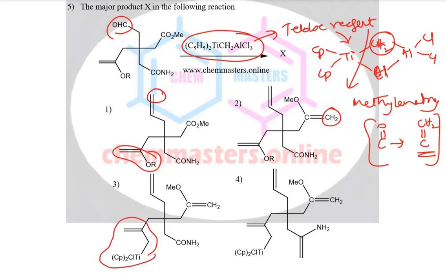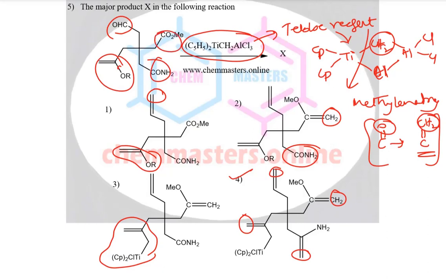And here we have an amide also; the amide carbonyl group also produces this CH2. So simply, Tebbe reagent can react with almost all carbonyl functional groups and simply methylenate them. So here what is the correct answer? Simply the fourth option is the correct answer because all the given functional groups react with Tebbe reagent. That's why the fourth product is the correct one.